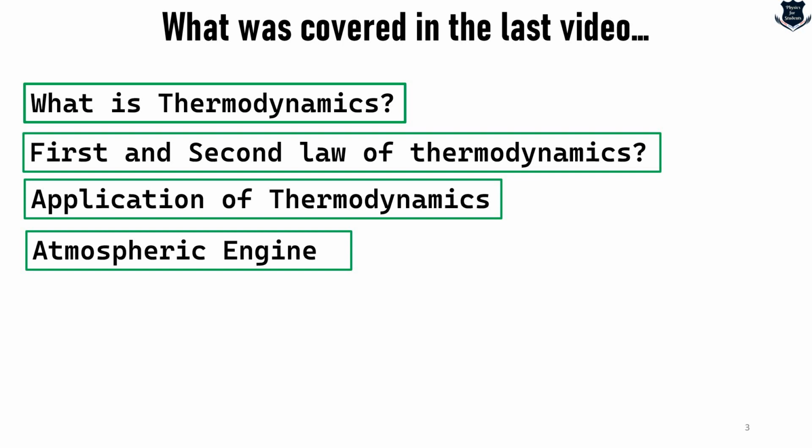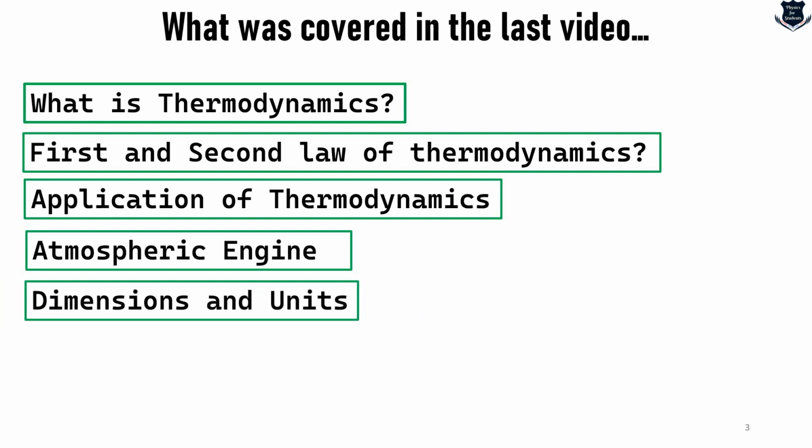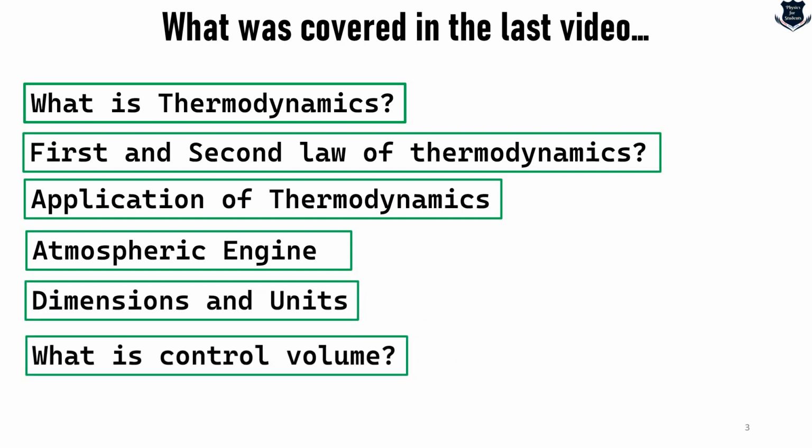We also looked more specifically into the history and evolution of what is called an atmospheric engine, who the people were who first discovered the atmospheric engine and how it evolved into better engines and machines. We also looked into dimensions and units, and we understood what a control volume is.